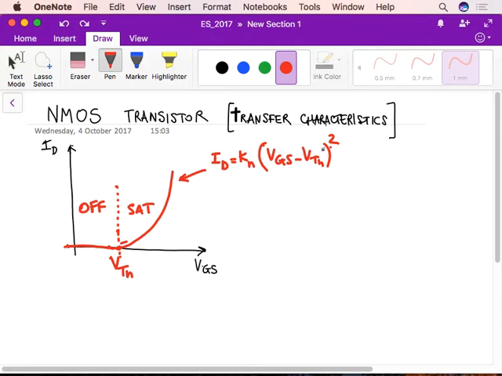This is a strong approximation and comes from the fact that we simply say, okay, when the gate to source voltage reaches VTN, we have a channel. Before, when VGS is smaller than the threshold voltage, we do not have any channel. But of course, the channel builds gradually, and therefore discussing in terms of below threshold and above threshold as something that changes abruptly is a strong approximation.